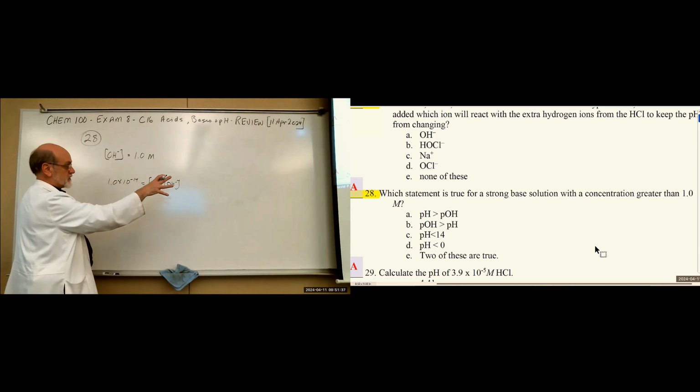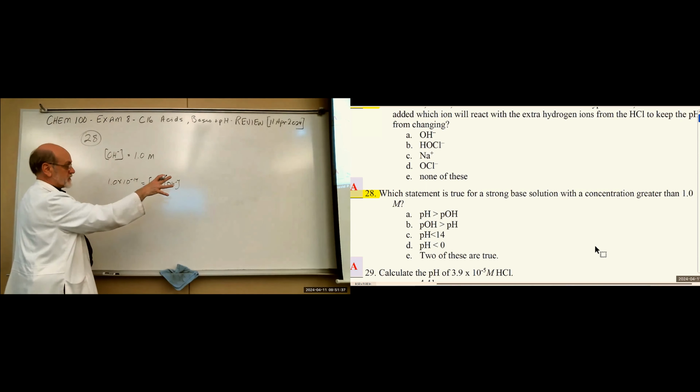So 40.01 divided into 96.1 is, let's see, 2.40 moles. Okay, that's how many moles of sodium hydroxide we add.